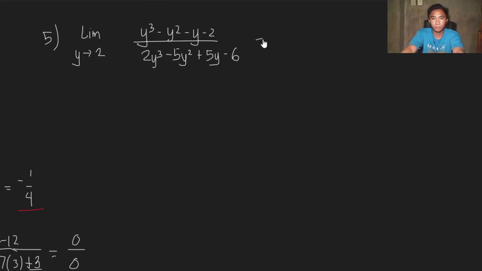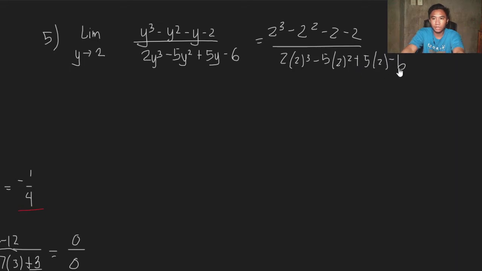If we substitute 2, 2 cubed minus 2 squared minus 2 minus 2 all over 2 times 2 cubed minus 5 times 2 squared plus 5 times 2 minus 6. So, our answer will be, ilan ba total niyan? 8, 8 minus 4 is 4 minus 2, 2 minus 2 is 0.